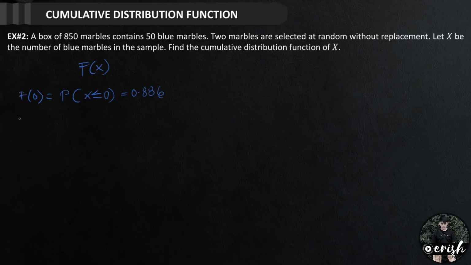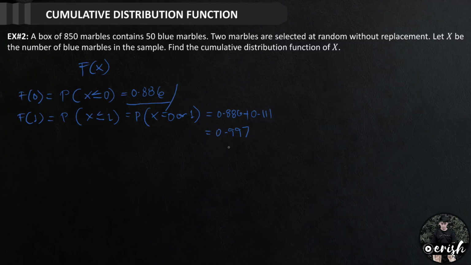For f of 1, this is P of x less than or equal to 1, or again, it can be P of x equals 0 or 1. We will just add. This is now equal to 0.886 plus 0.111, and this is equal to 0.997. So this is for f of 0 and this is for f of 1.